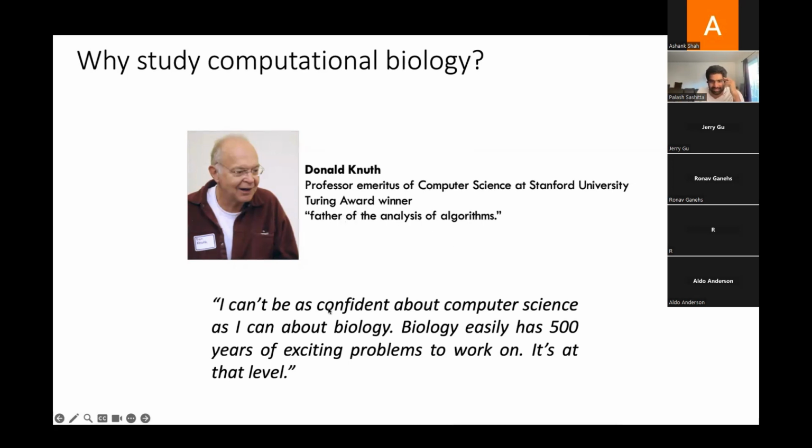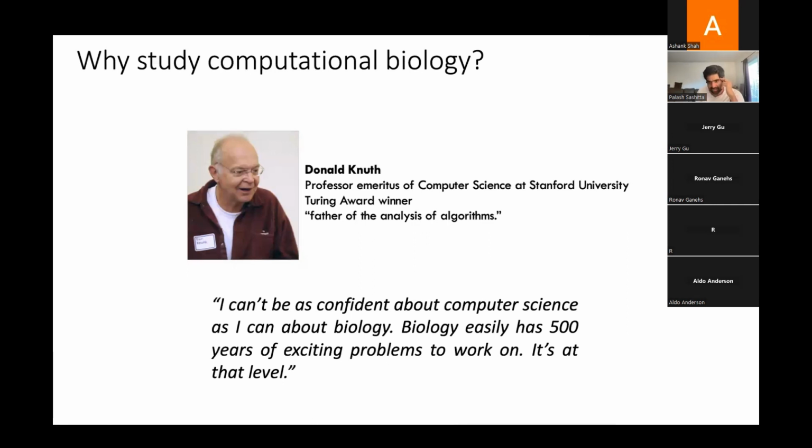This is a quote that he made a while back, and he said that he can't be as confident about computer science as he is about biology. Biology easily has 500 years of exciting problems to work on. It's at that level currently. So that's another motivation to work in computational biology: to be at the cutting edge of discovery in biology.